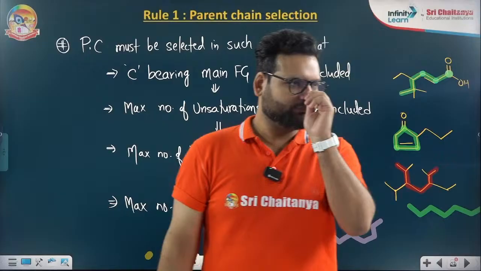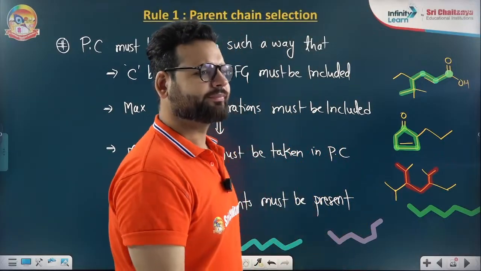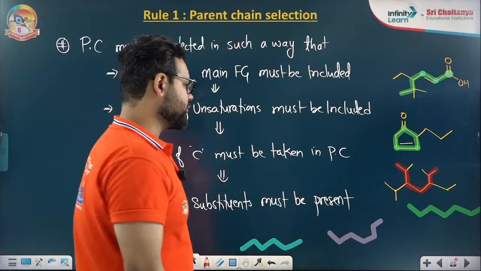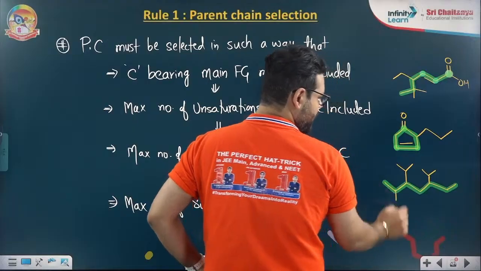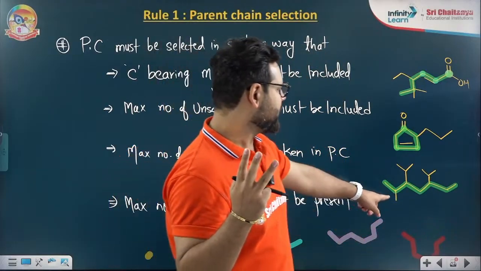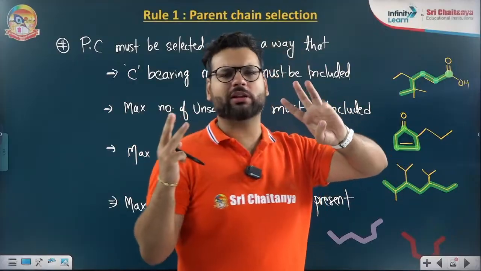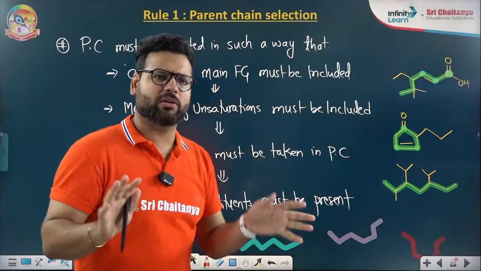Red. Very good. Red is correct. Red has more substituents. Let me check. When you take green, there are 3 substituents. Green has 3 substituents. Methyl, this isopropyl and isopropyl. Total 3 are there. What is isopropyl? What is secondary butyl? I'll tell you all. Right now, not required.